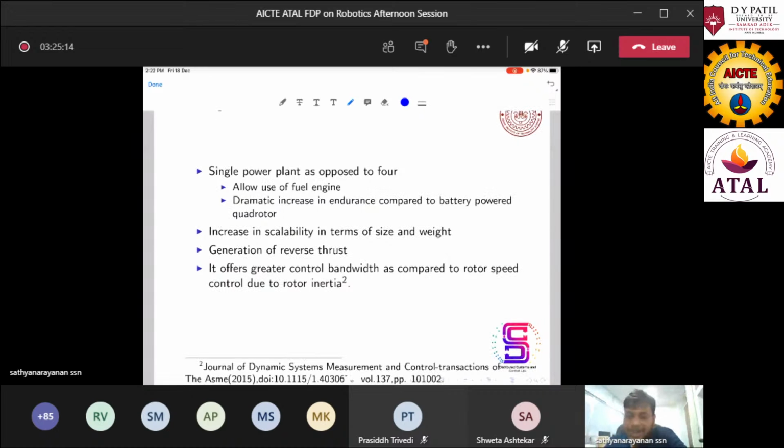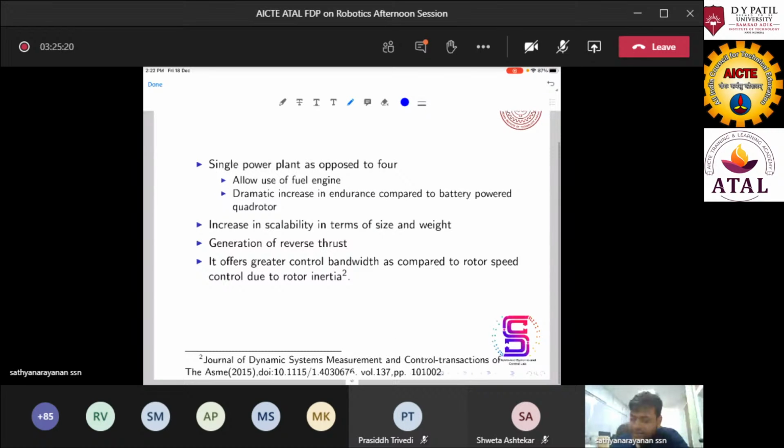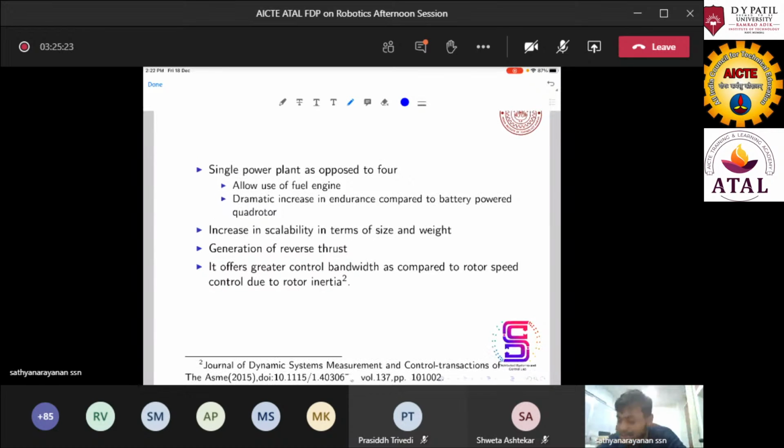And finally, the control bandwidth. It has been explored in one of these articles, where the author is the same as Martha and Cutler, who explored the control bandwidth.